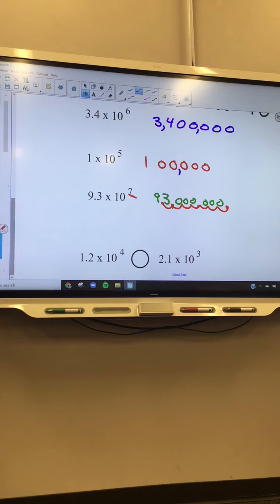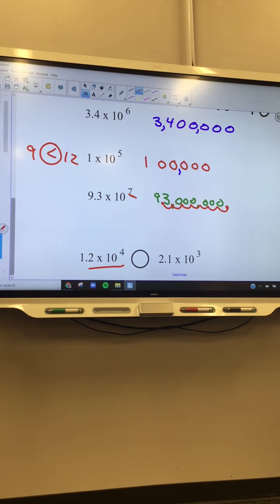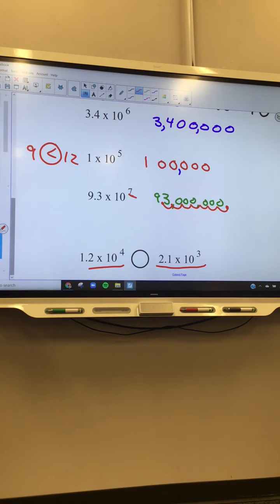Try the last one. We've got a comparison. Just like we could say, is 9 greater than 12? Greater than, less than, or equal to? We're gonna say greater than, right? But instead you need to calculate first. So write these two numbers out in their standard form so that you can clearly compare them. Noah, did you get that one?